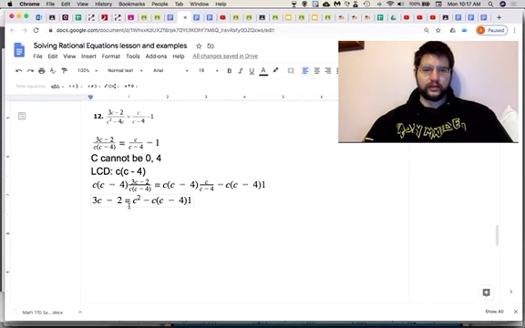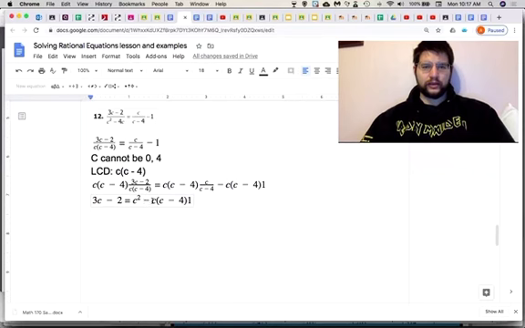I'm going to distribute this. So it's c times c is c squared, c times negative 4 is negative 4c. It should be the same thing as right here. That one's not going to change anything, right? So I'm just going to get rid of that and rewrite this.